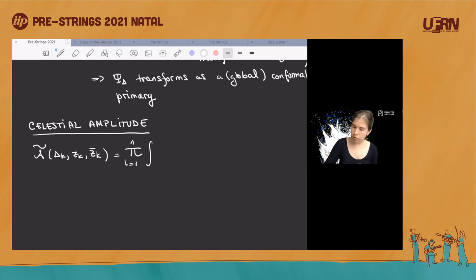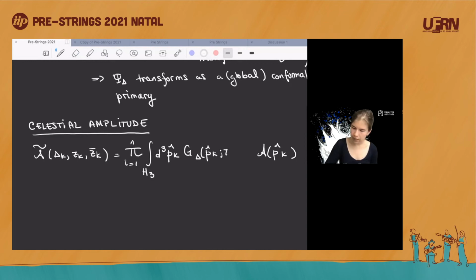And what one has to do to put the S matrix in this basis I just discussed is to start from the usual momentum space scattering amplitude, which is a function of these external massive momenta, and integrate it against these bulk to boundary propagators. This follows from this Fourier representation of the conformal primary wave functions I just wrote down.